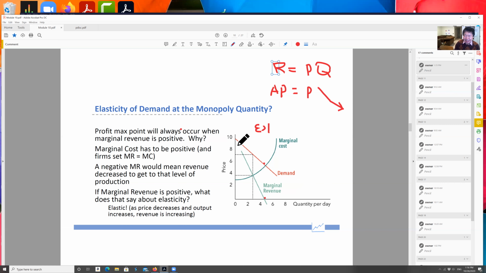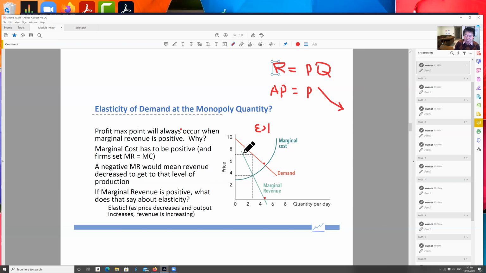You're not bisecting the angle of this demand curve, but the horizontal distance. You divide this horizontal distance into two equal segments, and marginal revenue must go through those midpoints, okay? So marginal revenue curve lies below demand curve because average revenue or demand curve is downsloping, okay?